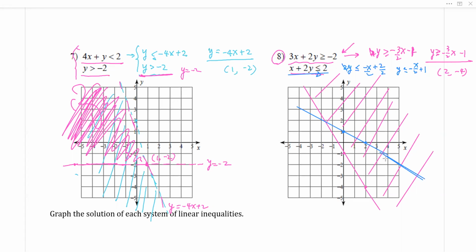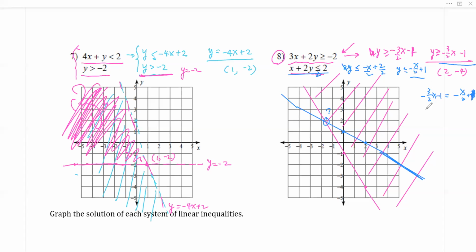Graphing is not so good. Okay, so what's the cross point? We need to find the cross point first. This one equals this one, so you can build up the equation first. Plus 1.